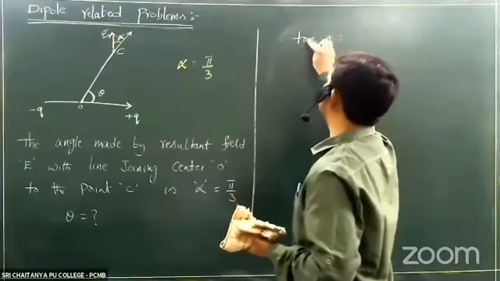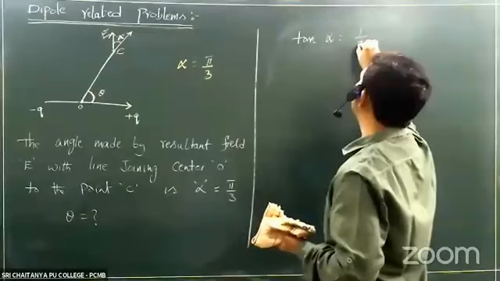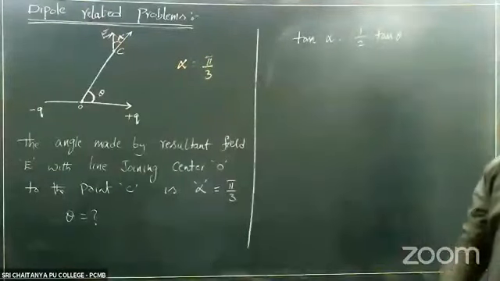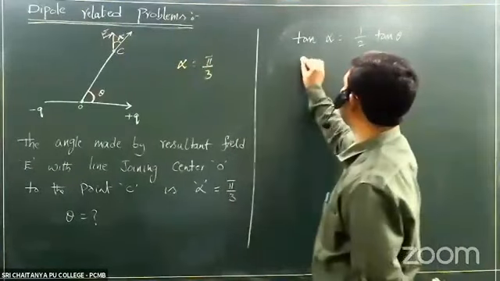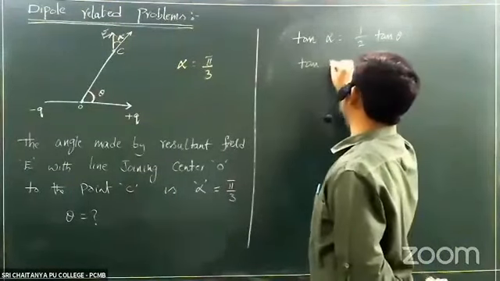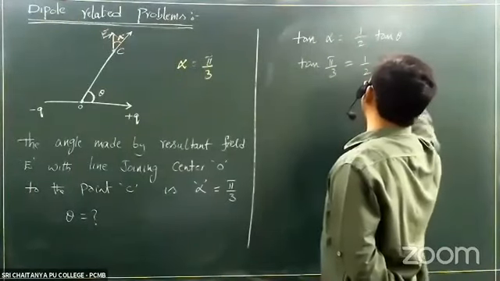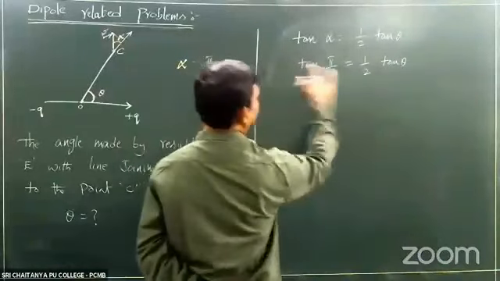Tan alpha is equal to half tan theta. Alpha is pi by 3. Tan of pi by 3 is equal to half tan theta. Right? Assign the values to get the answer.